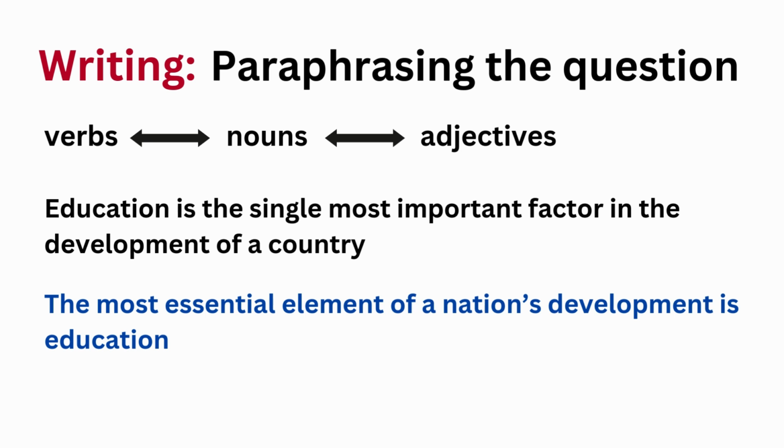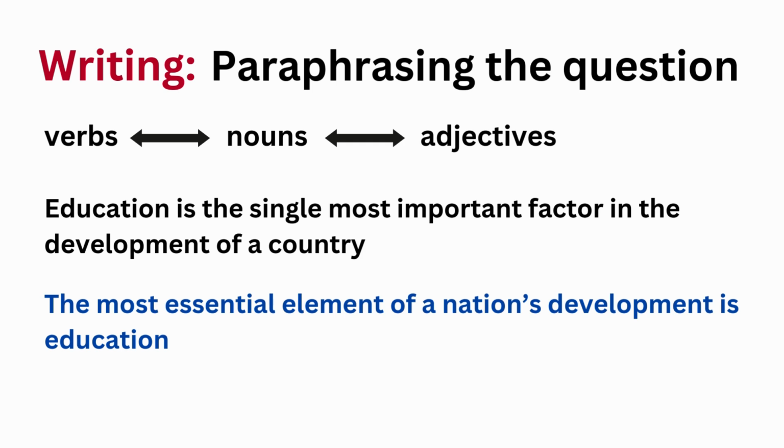So, here, education is at the beginning. In my sentence, the most essential element of a nation's development is education. I have changed the order of the sentence, so now education is at the end instead of at the beginning. I have also started out with the most essential as my beginning, whereas here it was in the middle.